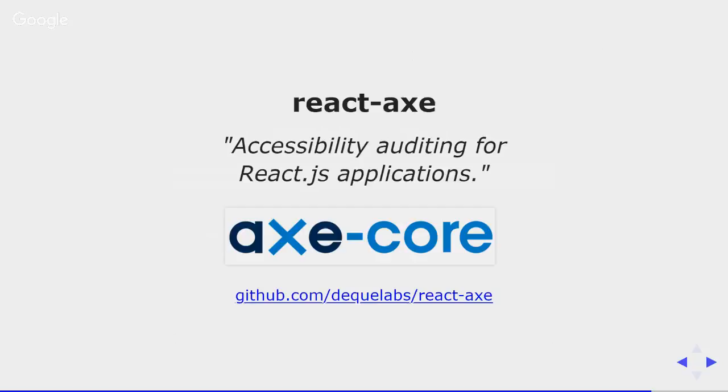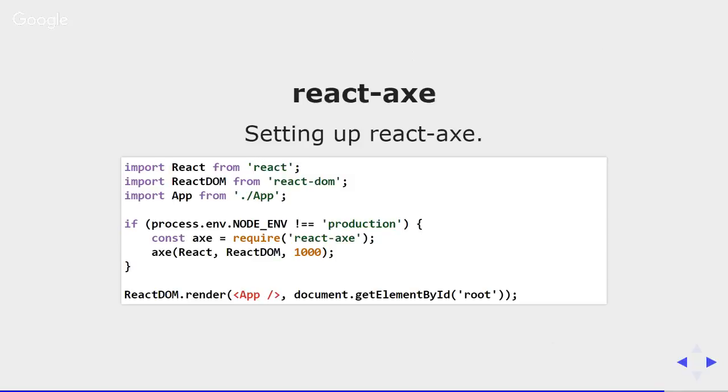But I can bring that power straight to my React app by doing some configuration. And this shows you how. This is some code that shows how I bootstrap a React application to start with, but then I add a little bit of code by pulling down react-axe from NPM. And I wrap my React DOM or my virtual DOM, as we saw earlier, I wrap that in react-axe so that it can go process it every time this DOM changes.